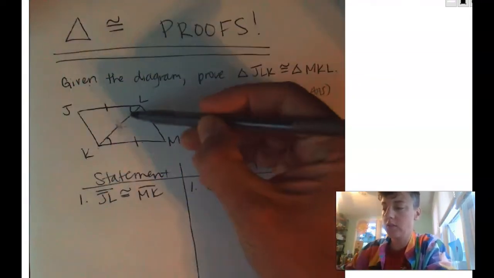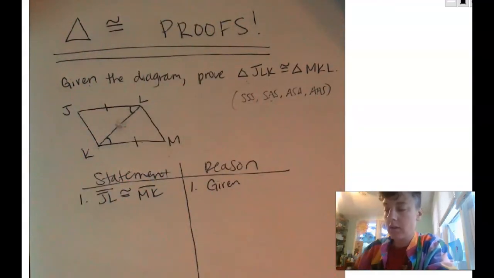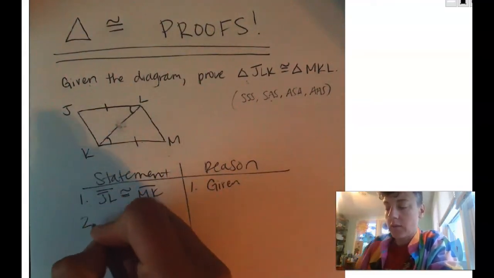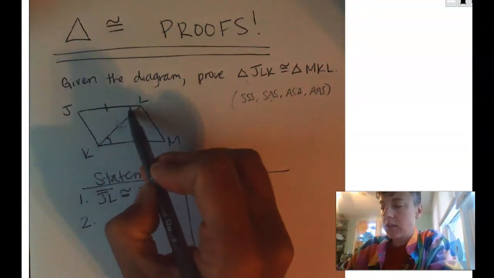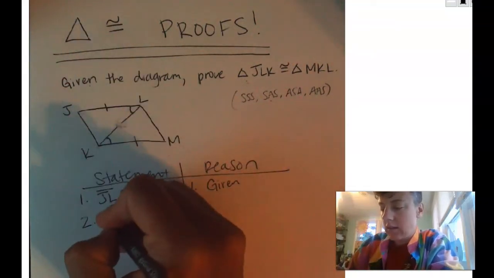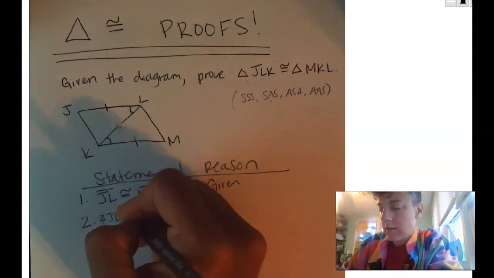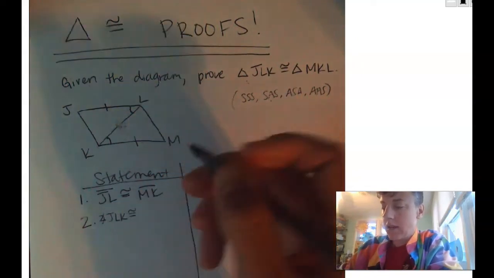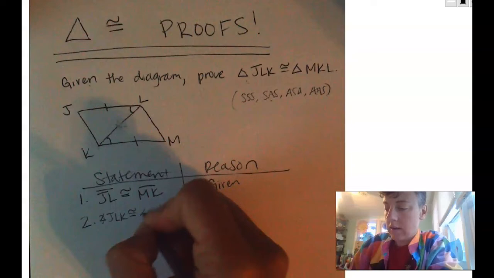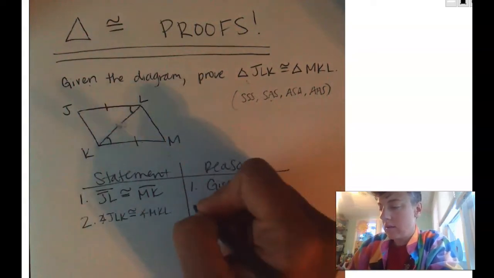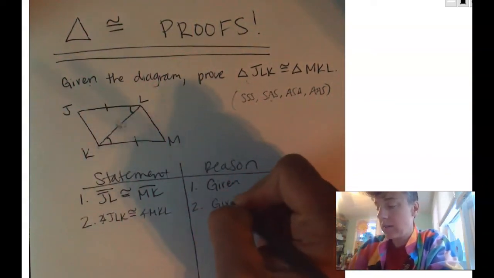Well, these 2 angles were given in the diagram, the fact that those were congruent. So, angle JLK, that's this one here, is congruent to angle MKL, that's this angle here, and that was given in the diagram.